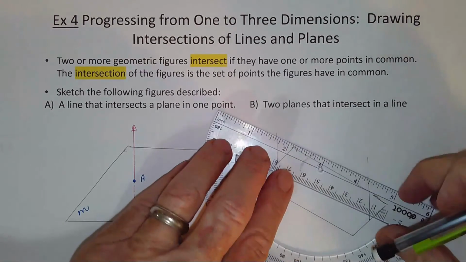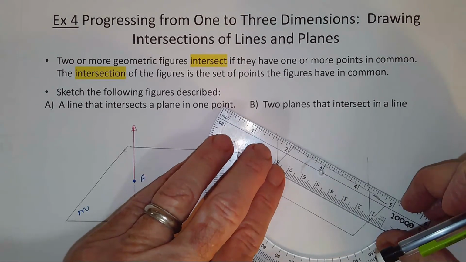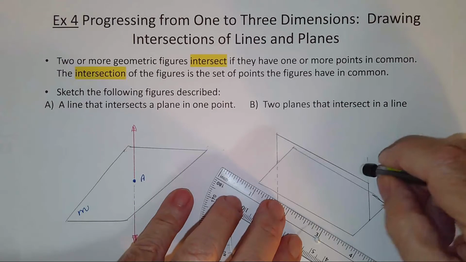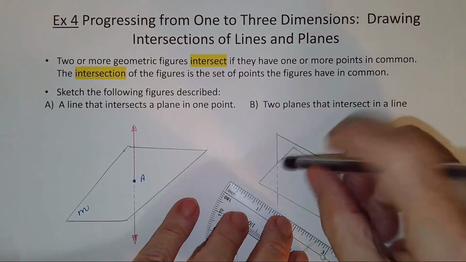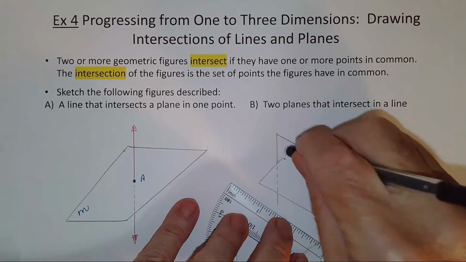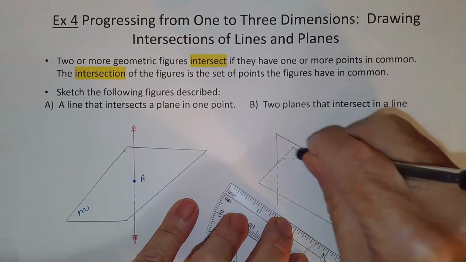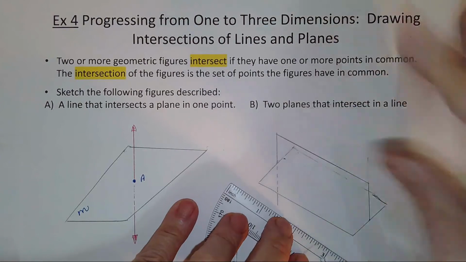Do it this way. So this underneath here is actually going to be hidden, so we'll do that as dashed.